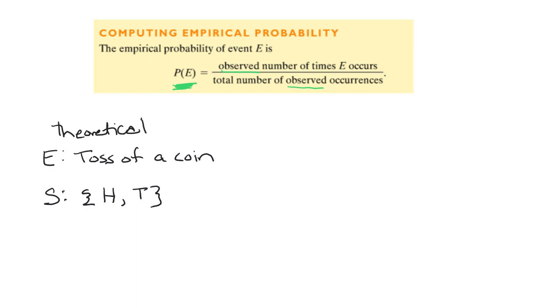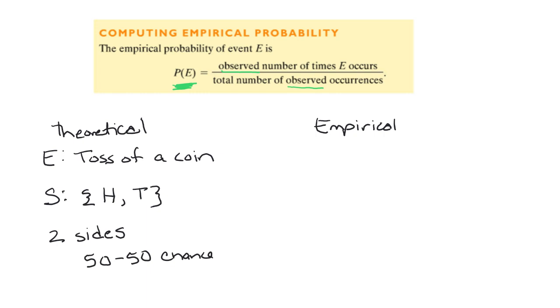All right, so theoretically, we know that it has two sides of this coin. So there is a 50-50 chance of getting a heads or a tails. All right, but empirically, on the empirical probability, it is conducted through observations.